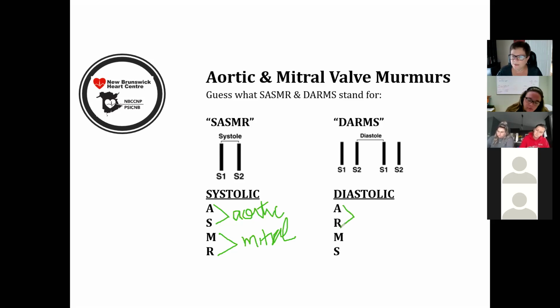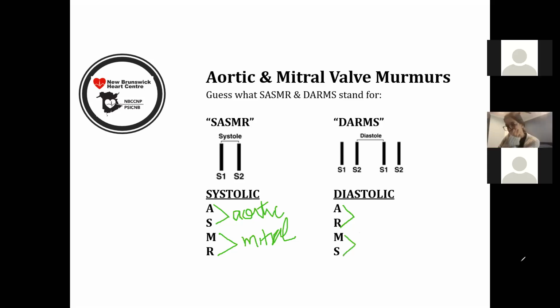But the true textbook name for it is aortic regurgitation. And what does MS stand for? Mitral stenosis. Yes, so my diastolic murmurs are aortic regurg and mitral stenosis.